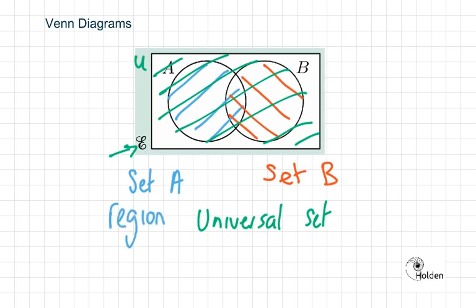And so is the red. Okay, so the universal set, the area inside the rectangle is the region that is the universal set. The red area is the region of set B, and the blue area is the region of set A. Okay, you should be aware of all of this, but this is a crash course.